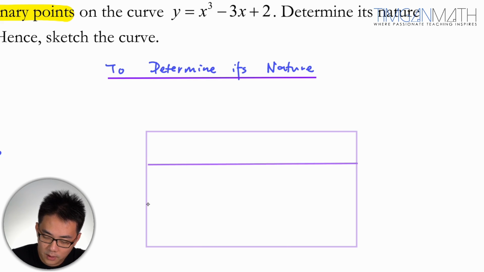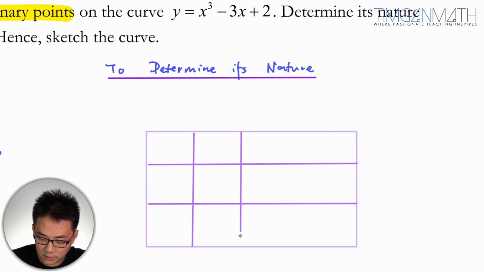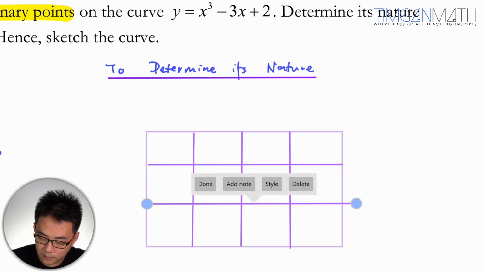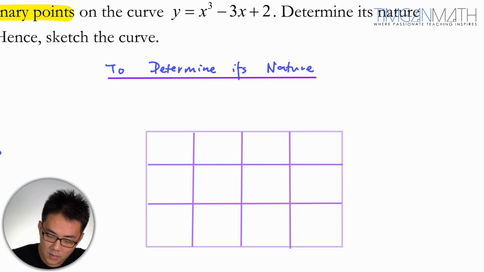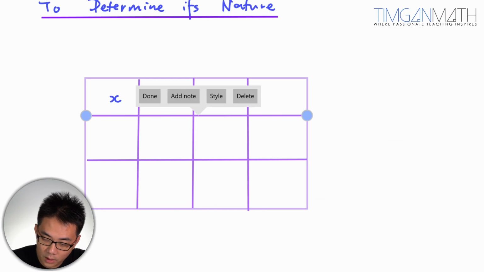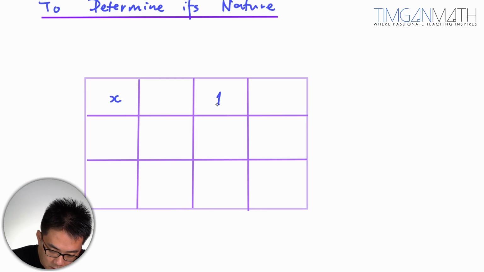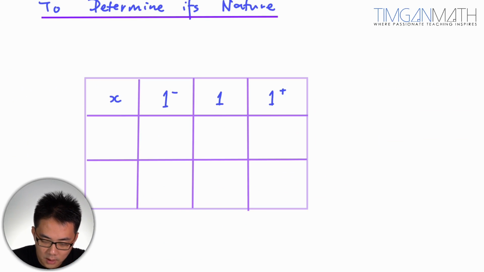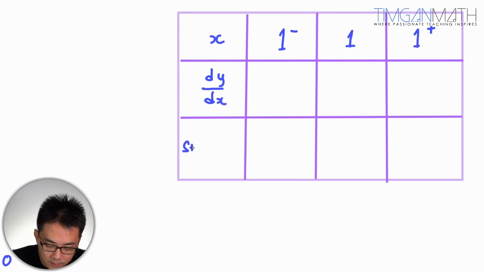From here, we're just going to put the x values there. The x value here will be 1, this is 1 plus, this is 1 minus. This is dy/dx, which is what you need to find after you put the shape.